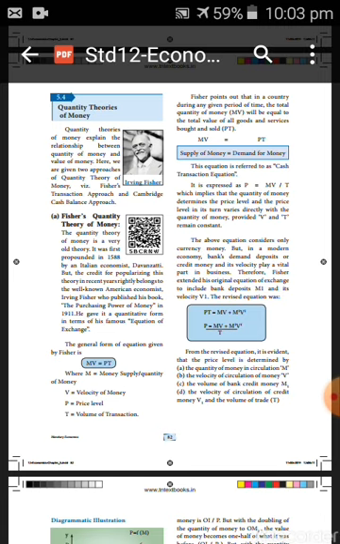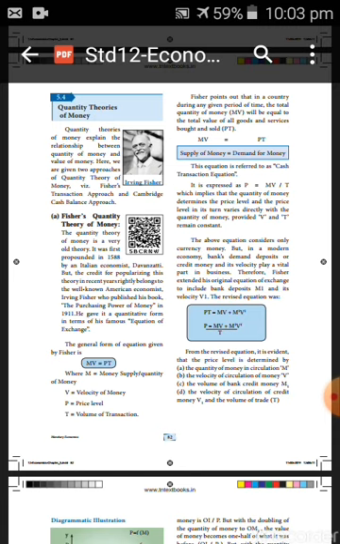So P = MV/T. Here V is the velocity of money and T is the trade, that is volume of transaction. Both are constant. This equation considers only currency money.